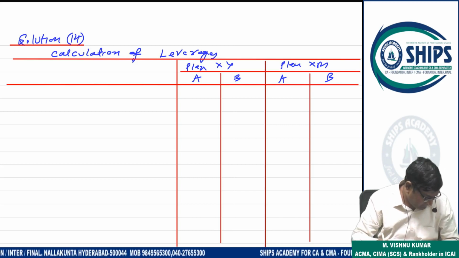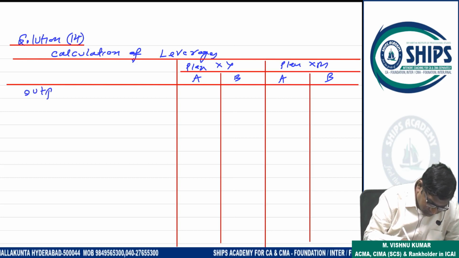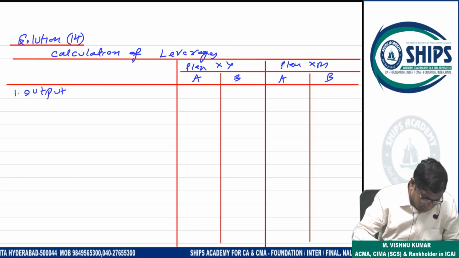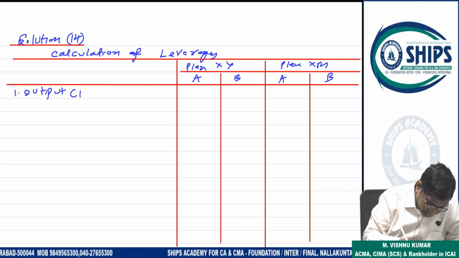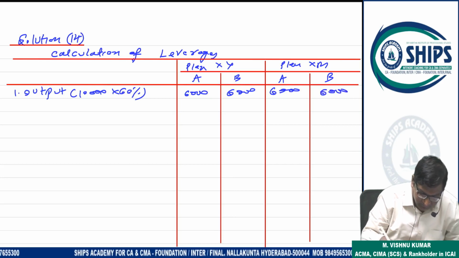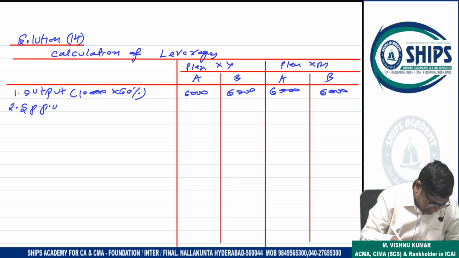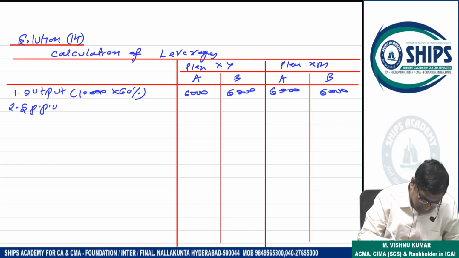First is units, output. This is 10,000 into 60%, already given. In all situations, this will be the same. No change. Clear? Second, selling price per unit 30 rupees.